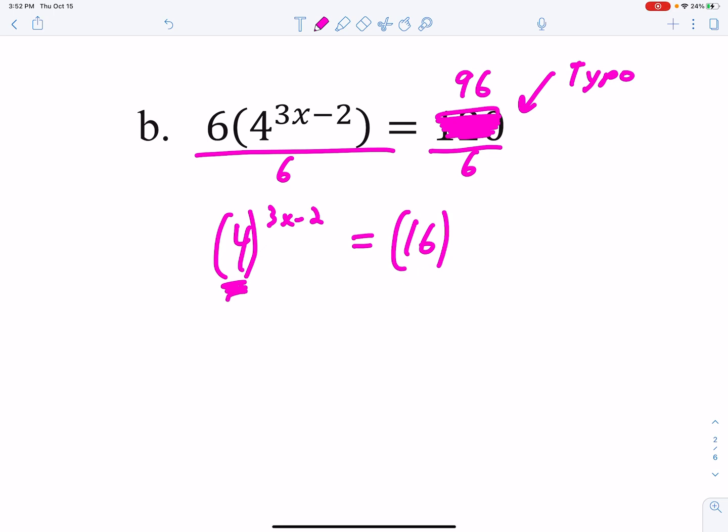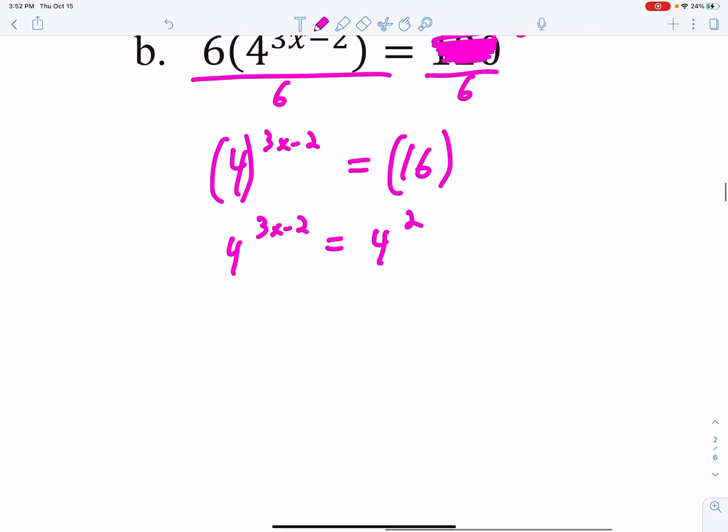Well, we know 16 is actually 4 squared, right? 4 times 4 is 16. Now that these bases are the same, we're allowed to set the exponents equal. So in other words, 3x minus 2 equals 2.